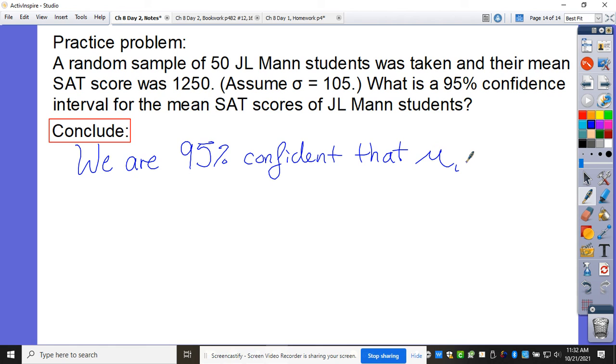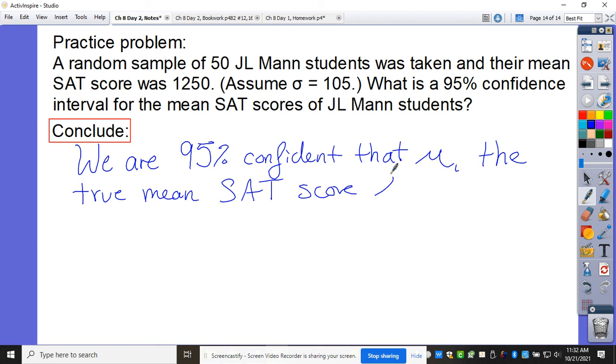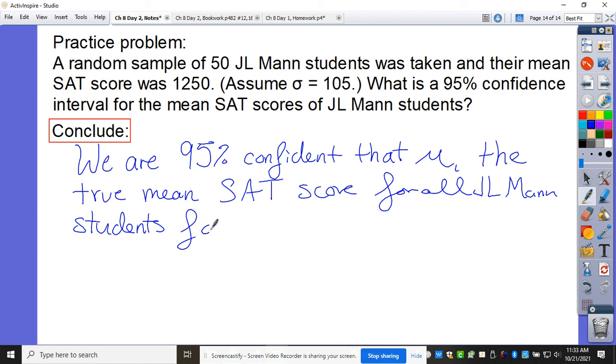We are 95% confident that the mean SAT score for all geographies does what?